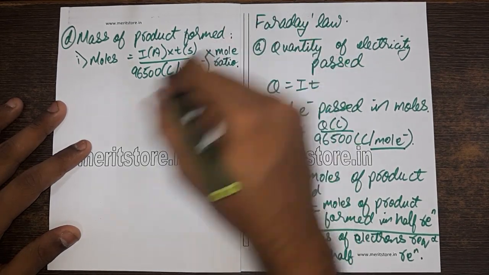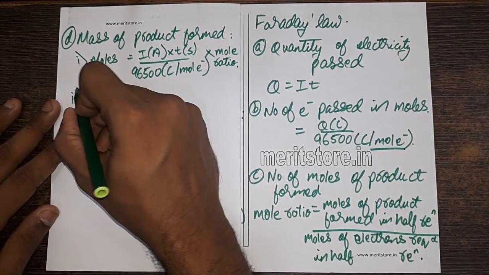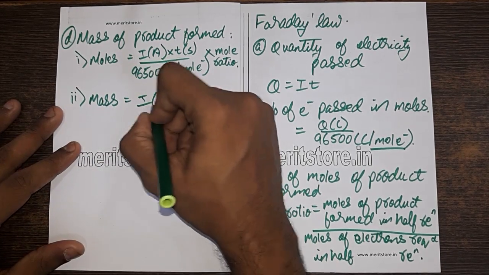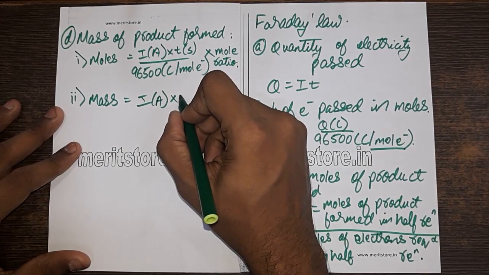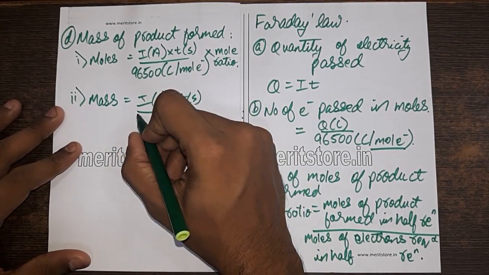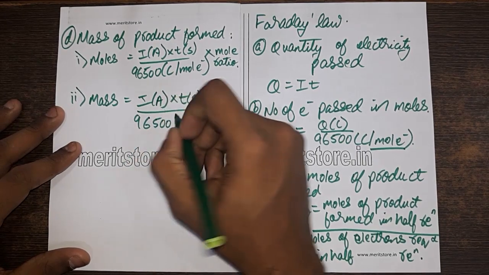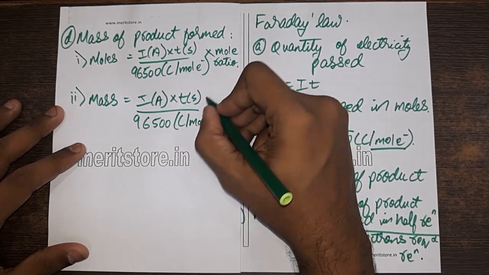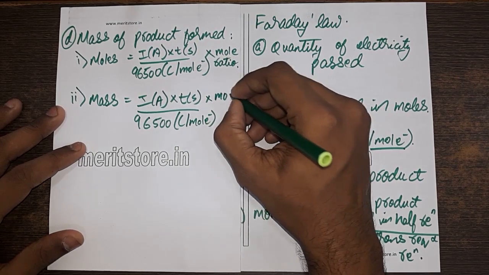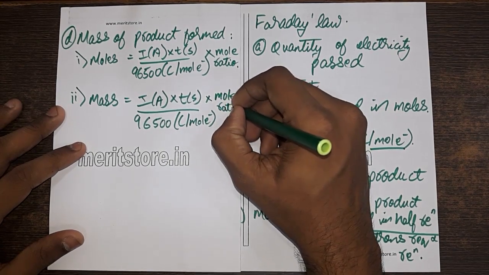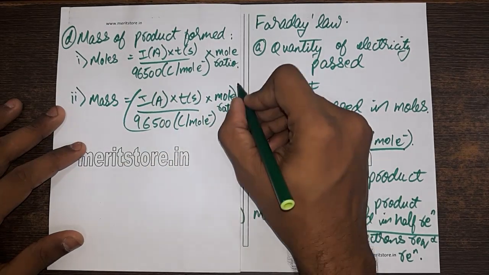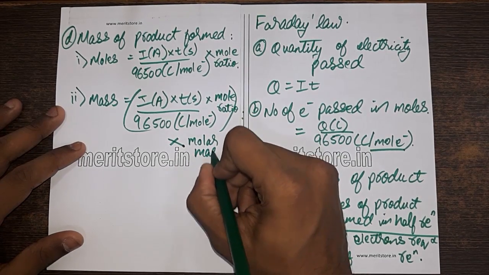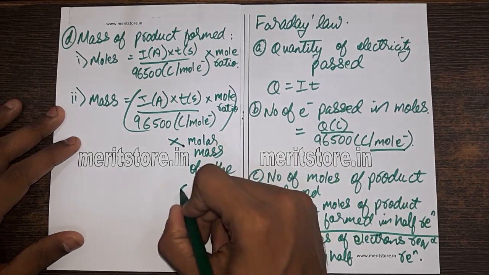And secondly, mass of the substance produced, which can be given as I in the terms of amperes into T in the terms of seconds upon 96,500 in the terms of C per mole electron into mole ratio, the whole into molar mass of the substance.